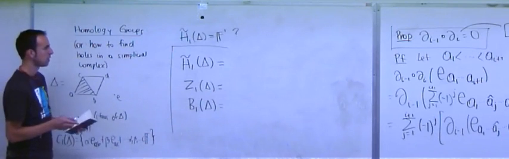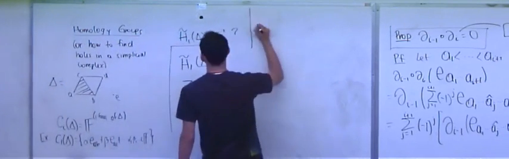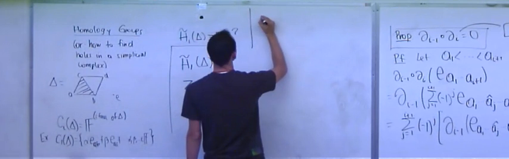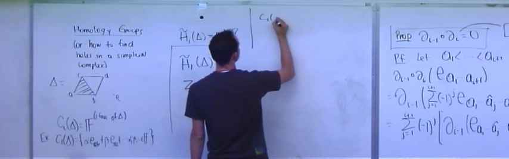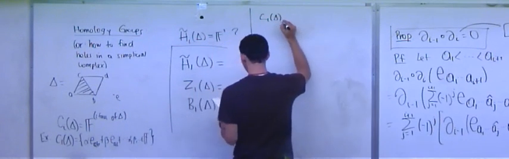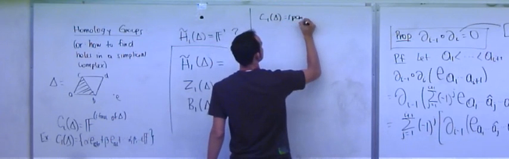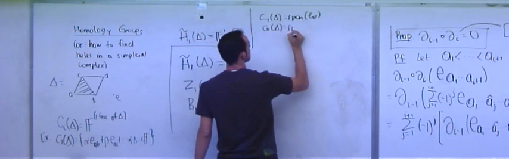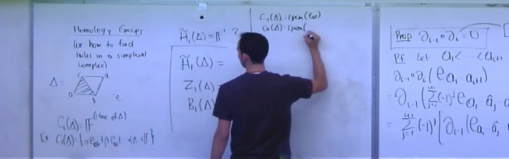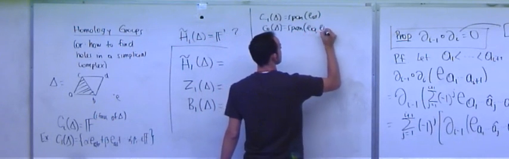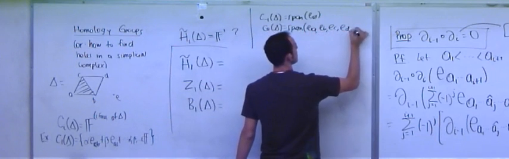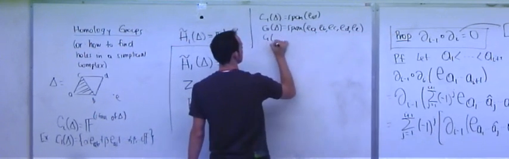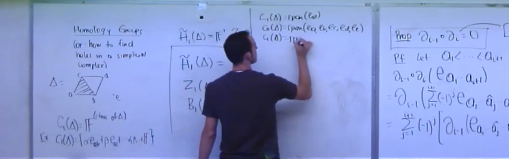Okay. By the way, remember that C minus 1 of delta is the span of E empty. C0 of delta is the span of EA, EB, EC, ED, EE. C1 of delta is the span of the edges, right?